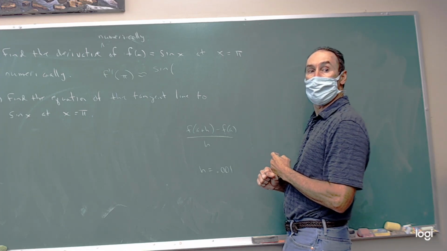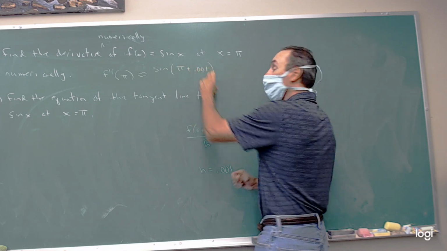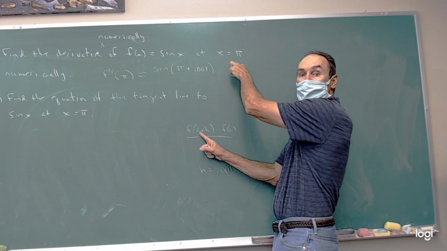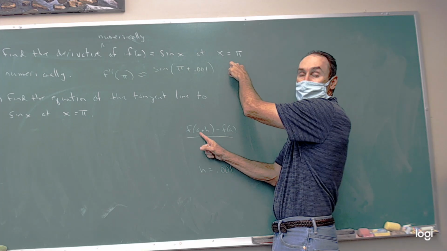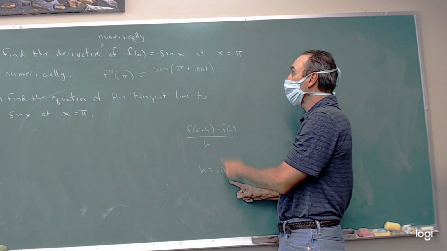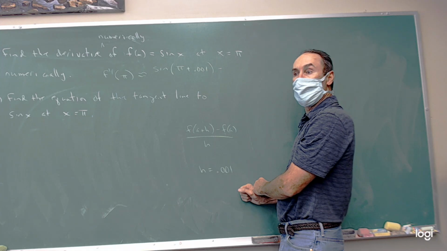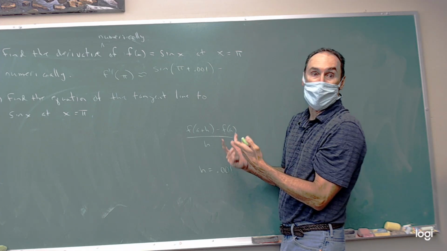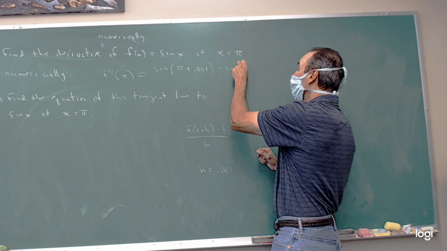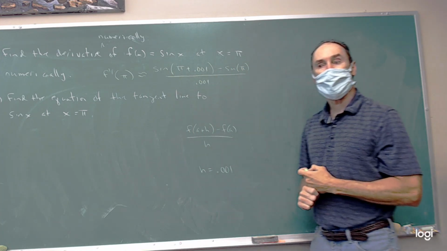Sine of pi plus 0.001, exactly. The a is the pi where we're approximating the derivative, and we've chosen h to be 0.001. Minus, what's f of a going to look like? Sine of pi, you're right, which is 0. I'm just going to write it out, and then all over 0.001.